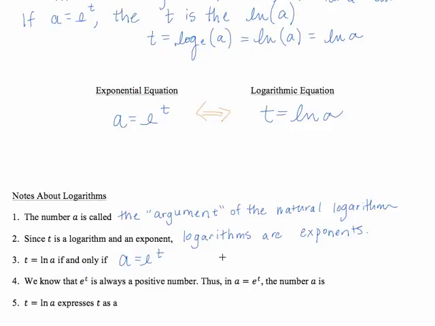So therefore, in A equals e to the t, A is always positive. And t equals natural log of A actually expresses t as a function of A. So the natural logarithm is in fact a function.